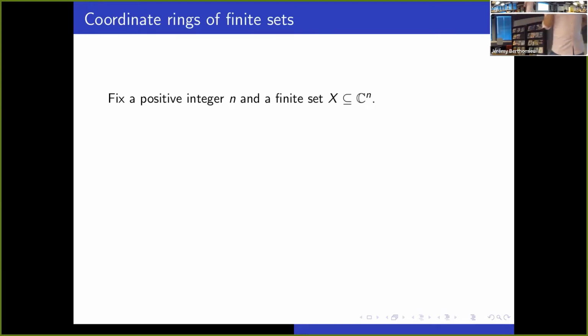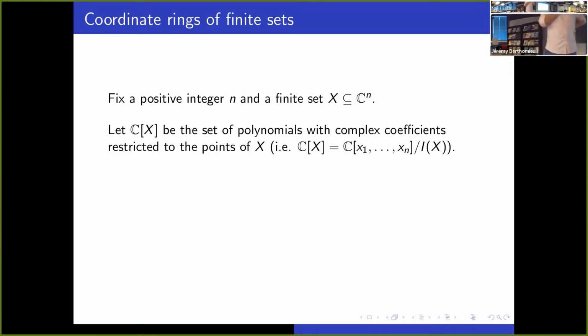For the beginning, I will speak about coordinate rings of finite sets. Fix a positive integer n and a finite set X in C^n. Let the coordinate ring of X be the set of all polynomials with complex coefficients restricted to the points of X. It means the ring of polynomials in n variables modulo its ideal.